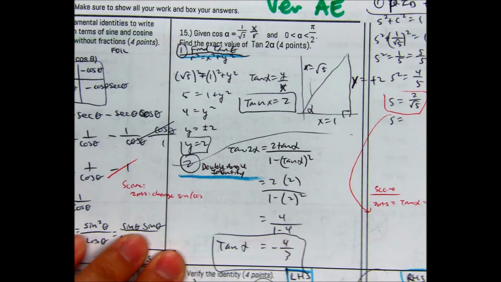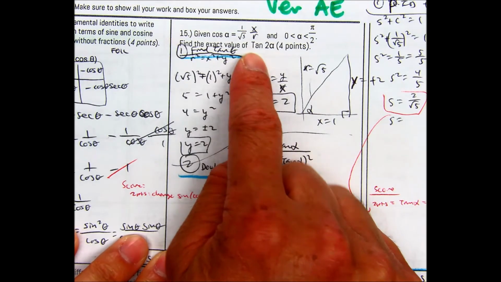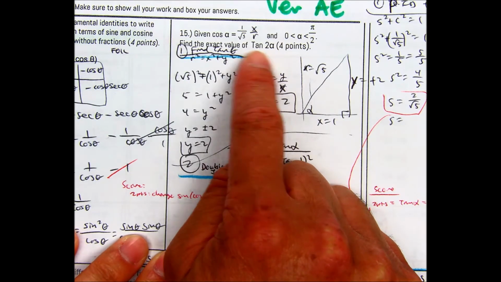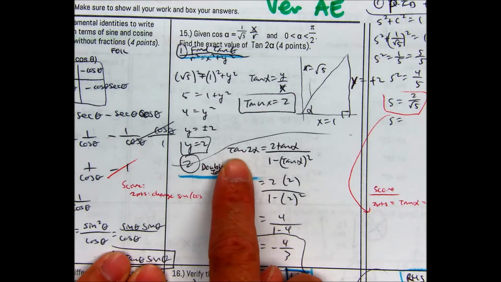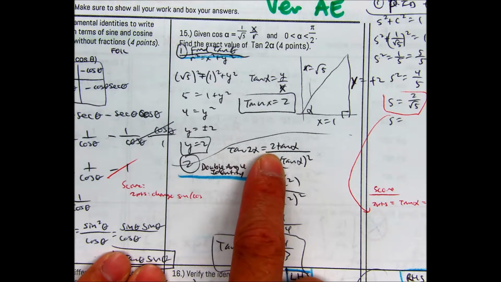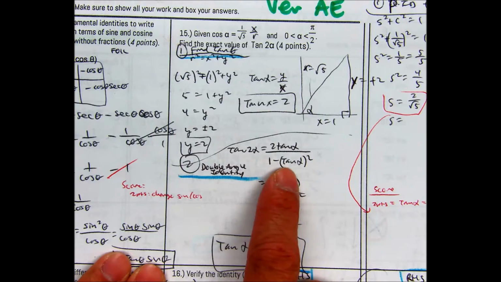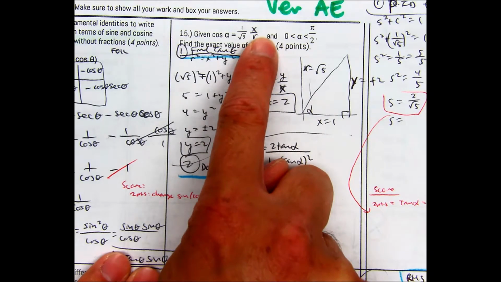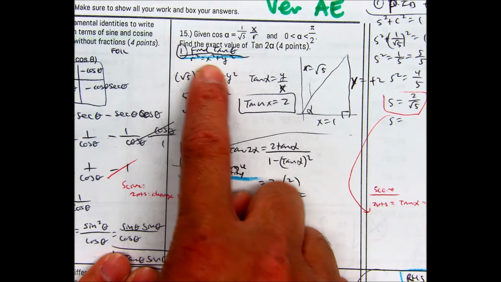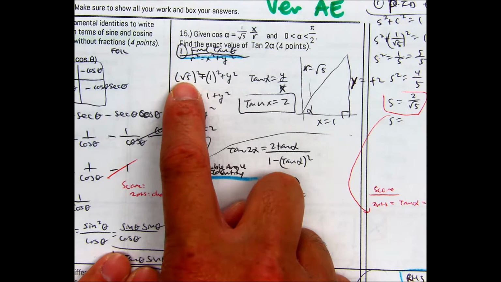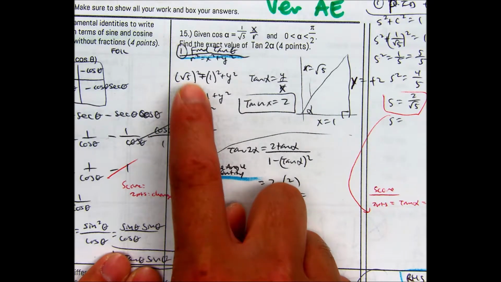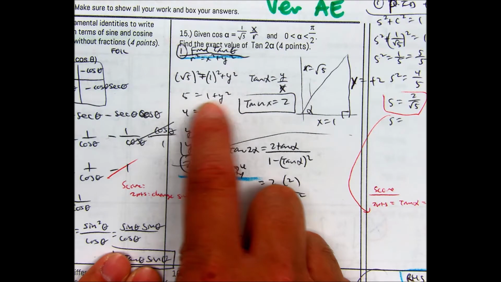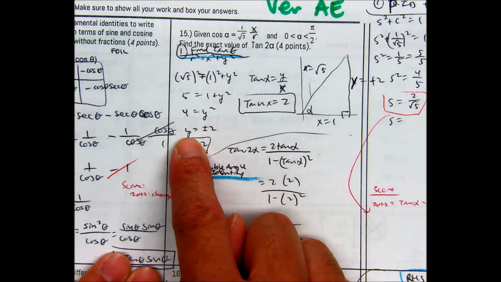One way you can do the problem is just find tangent, because the double angle identity for tangent is tangent 2 alpha equals 2 tan alpha over 1 minus tangent alpha squared. Well, I need tangent, and I don't have tangent. So how do you find tangent? Well, I know that cosine is x over r. Use the Pythagorean theorem. Radical 5 times radical 5 is radical 25, which is 5. Subtract 1, and you get y equals plus or minus 2.